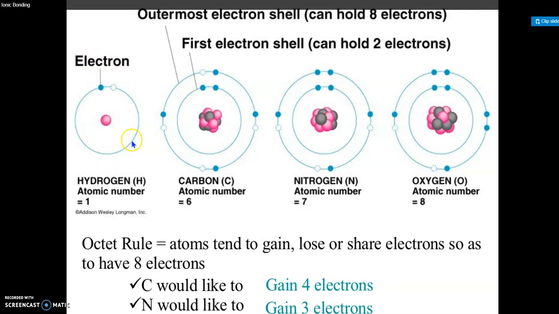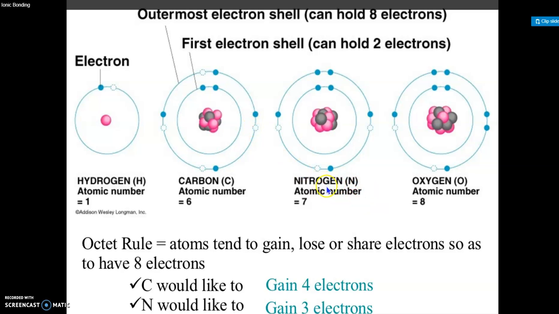Here these are the hydrogen atom having one electron. These are carbon, nitrogen and oxygen. In hydrogen the valence shell has one electron. In carbon the atomic number is 6 and the valence shell has 4 electrons: 1, 2, 3, 4.